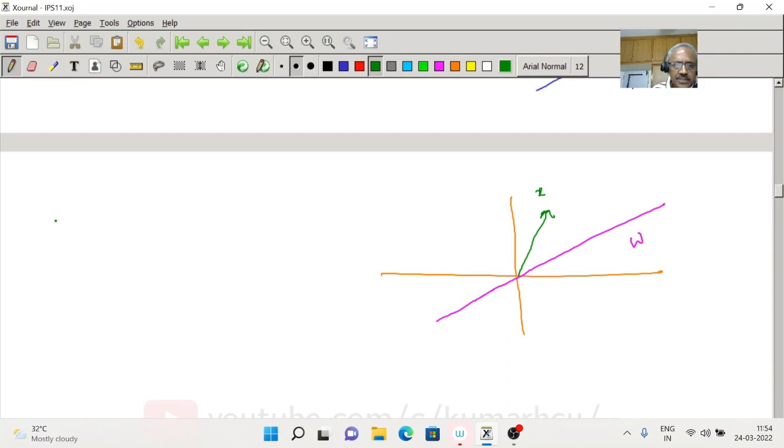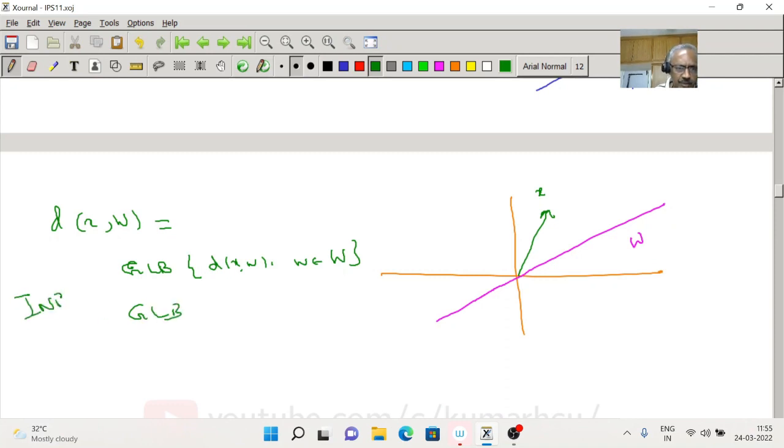I want to know what is the distance between x and W. Notice that if you have learned your metric space, this is nothing other than the GLB of the distance between x and W, as w varies over capital W. But this is nothing other than the GLB, or if you follow standard things, the infimum of d(x, w). Remember, this is the norm of x minus w, as w varies in W.